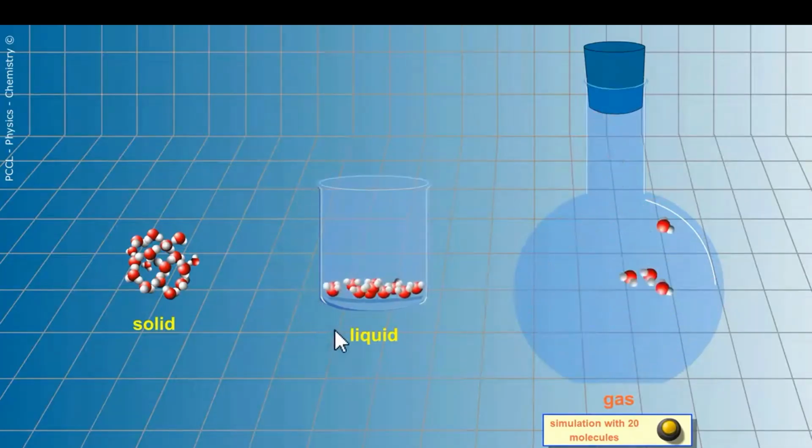What's up with the solid? It's just sitting there. Yes? And if you were to put it in a beaker, let me grab a beaker.